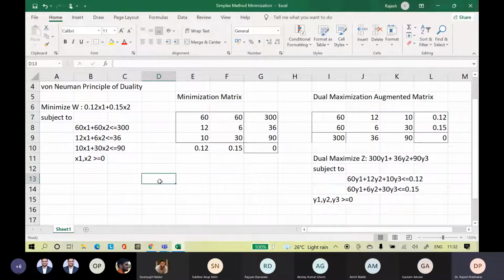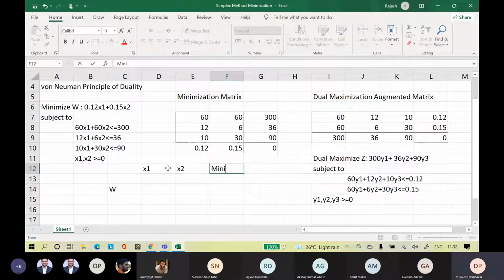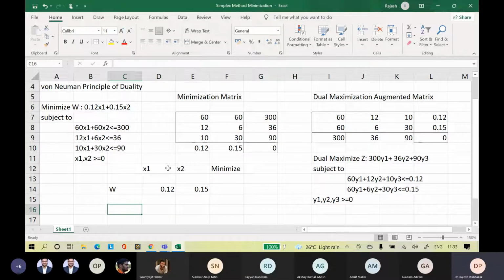So, let us say for our software calculation, x1, x2, w are minimized, right? So, 0.12, 0.15, subject to constraints. What are the constraints? 60, 50, not 0, sorry.